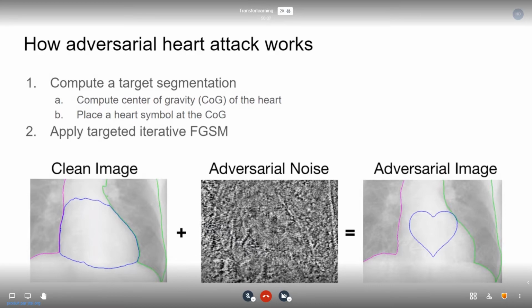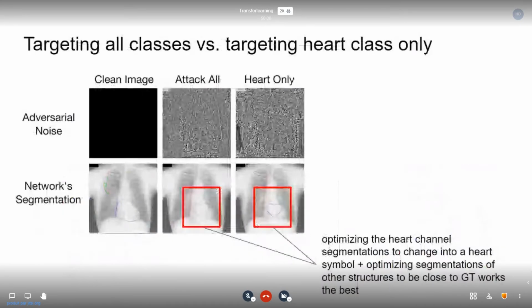A small note on how this algorithm works. We don't only optimize the noise so that the predictions with respect to the heart channel change, but we also optimize the noise so that the predictions with respect to the other classes stay close to the ground truth.